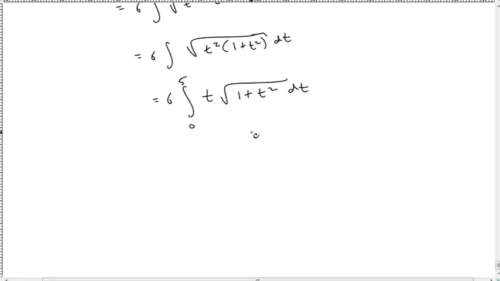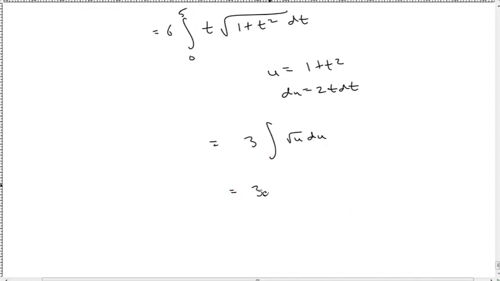So can I take the integral of this guy? Yes. Use substitution. du is 2t dt. It's going to cancel with this guy. You divide by the 2 and make a 3 in the front. Integral of the square root of u du. That's going to be u to the 3 halves divided by 3 halves.